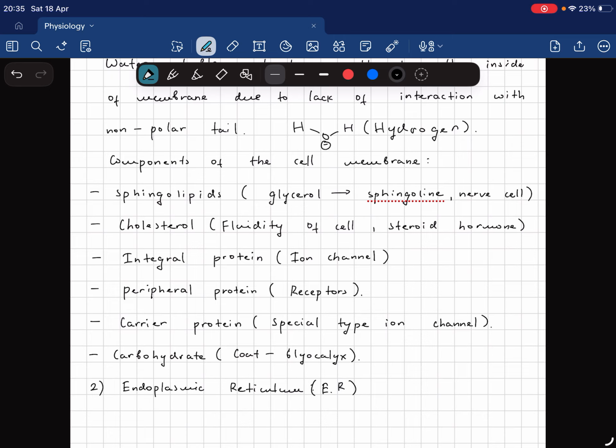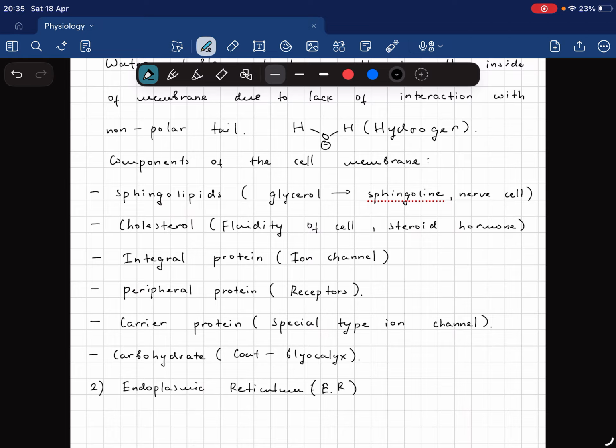Peripheral proteins are the receptors. You can just basically remember it like that. And the carrier protein is just a special type of ion channel. And carbohydrate, as I said before, is the marker of the cell. There is a term called glycocalyx, which is just the carbohydrate code.